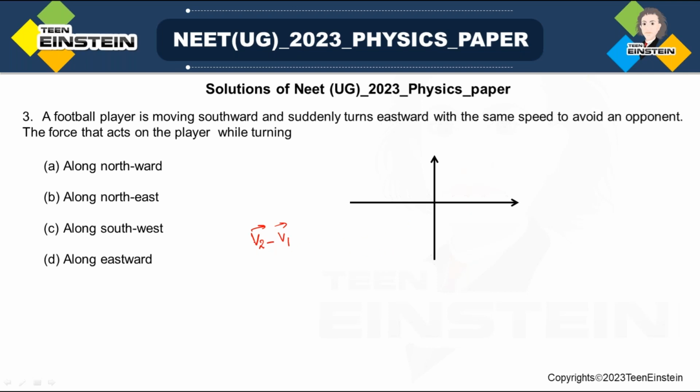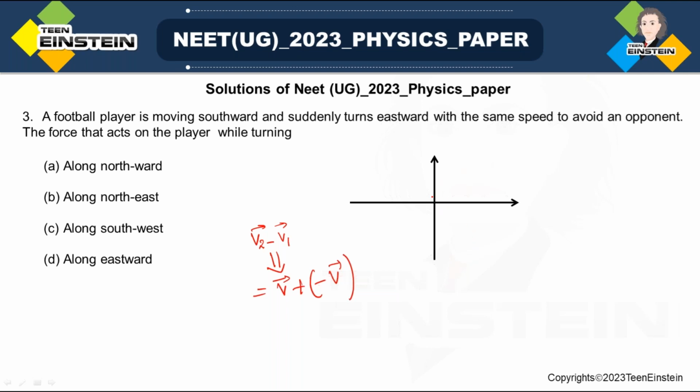According to vectors rule, we don't know how subtraction of vectors is done, but we know addition of vectors. We'll do this thing. Let us say the velocity is same as it is told already.